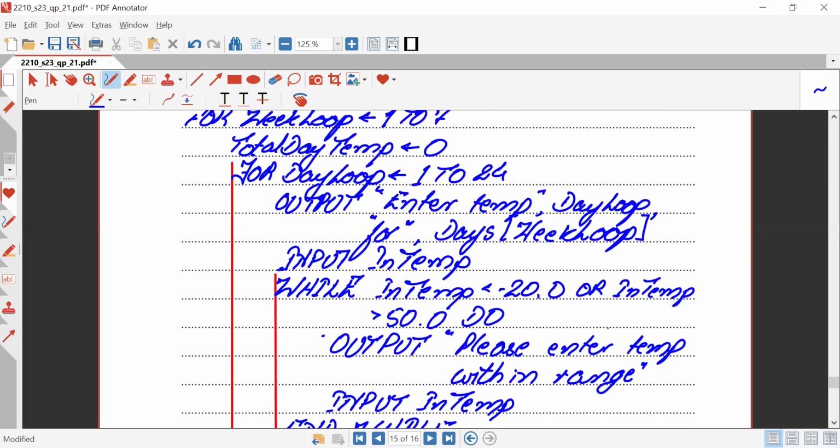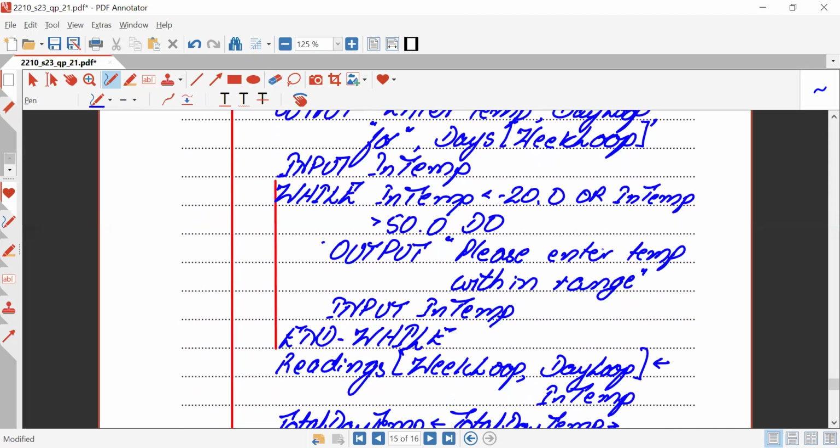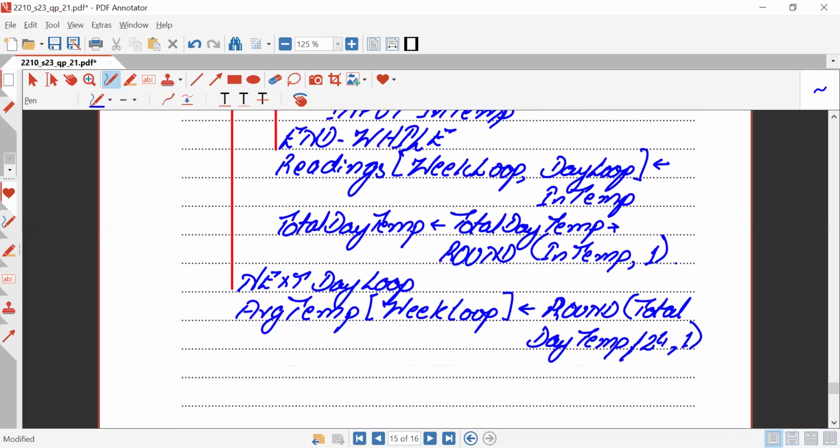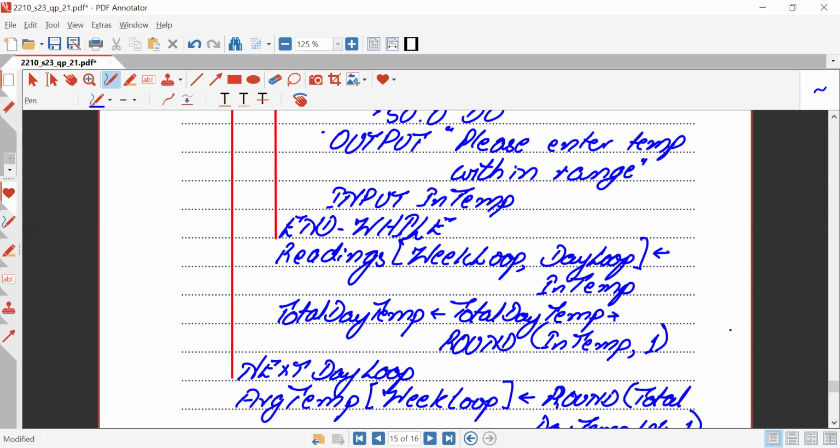Now just after that we will be coming out of the week loop. How are we going to come out of the week loop? Just by writing it as the next week loop. Next week loop. Now we are out of the first nested loop. That was for the day and for the week. So till where have we completed the parts?